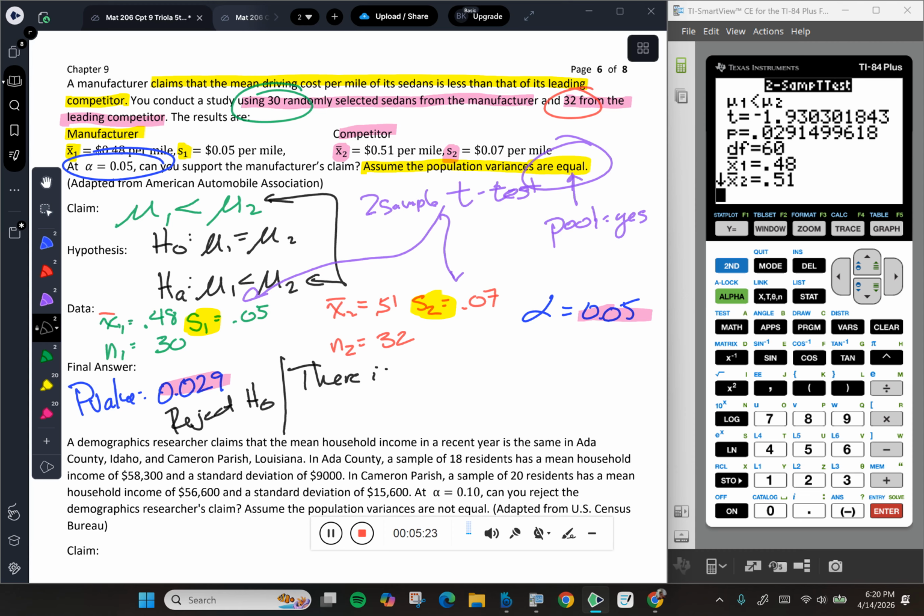So there is enough evidence to support the claim that their car is less expensive to drive.